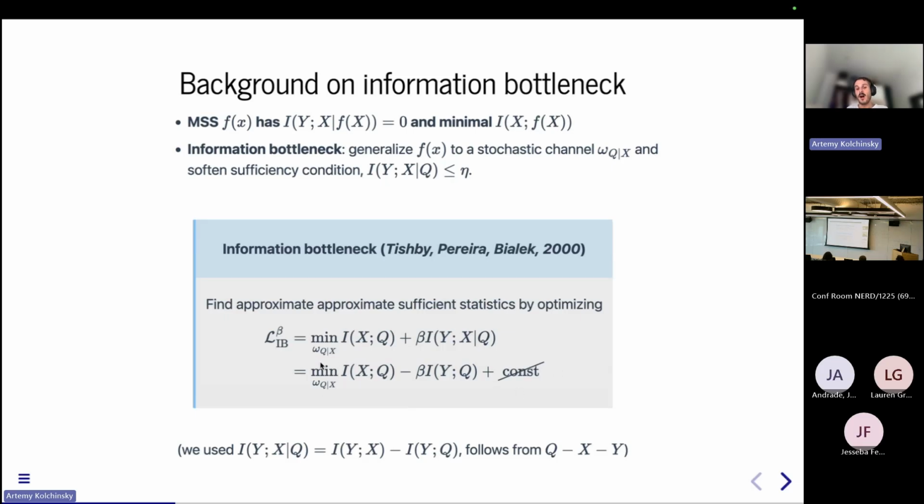This is often called the information bottleneck objective, which is a trade-off between two terms. The first term tries to minimize the mutual information between the bottleneck and the input. This is the compression term. And the second term tries to maximize the mutual information between the bottleneck and the output. So this is the prediction term.